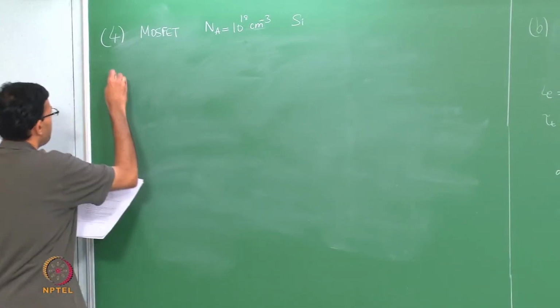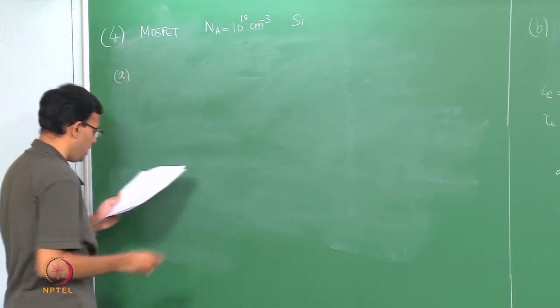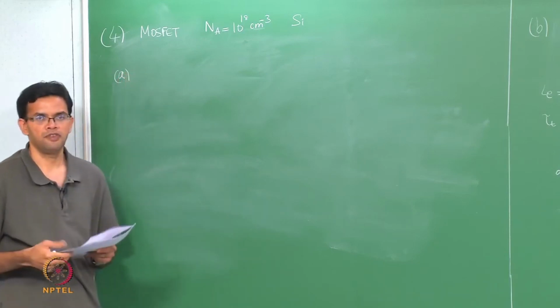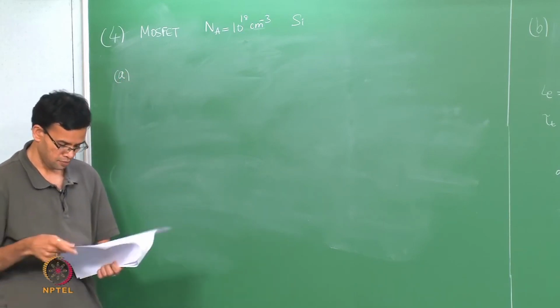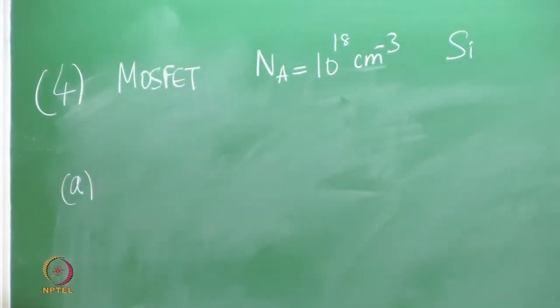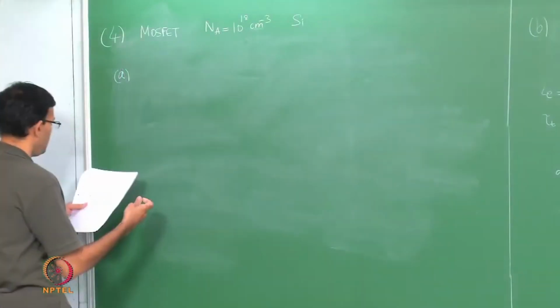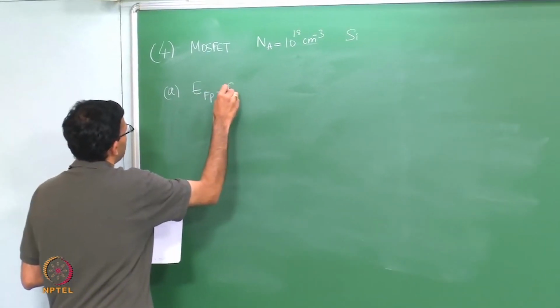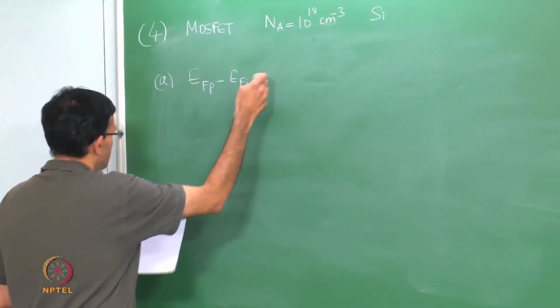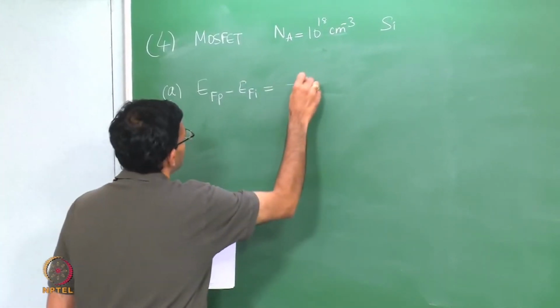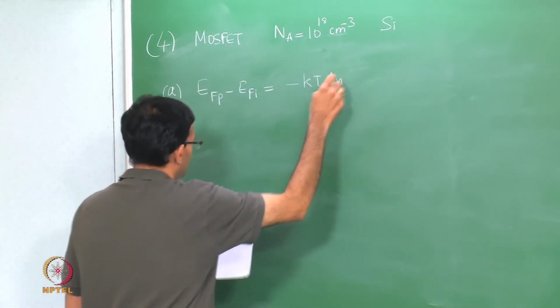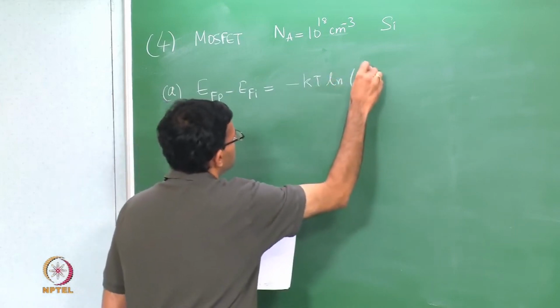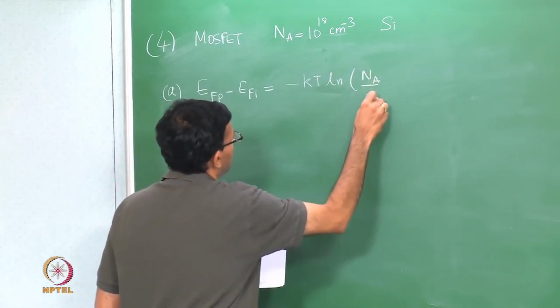So, part A, we need to determine the position of the Fermi level. So, Fermi level position we can just calculate, it is a p type doped material. So, E_F minus E_i is minus kT ln of Na over Ni.